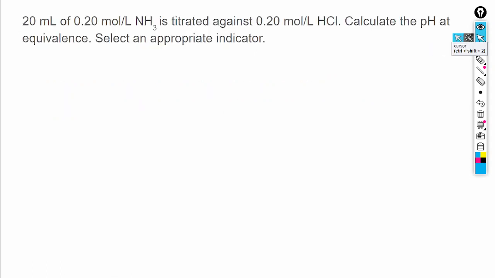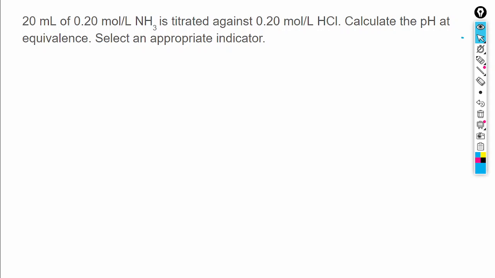In this reaction, I've got 20 milliliters of NH3 titrated against HCl. I want to know the pH at equivalence. What's my first step here?